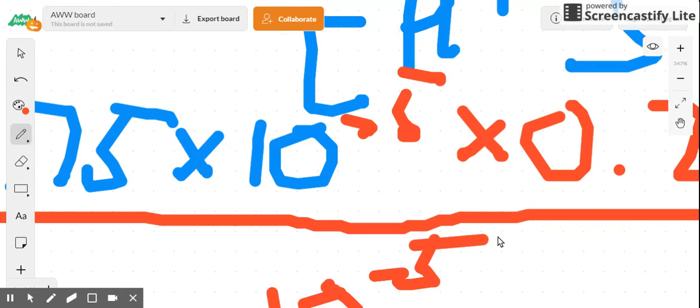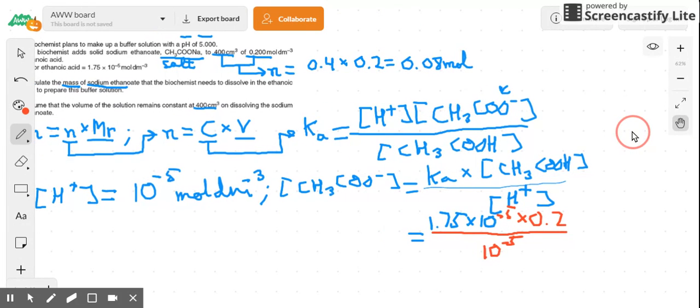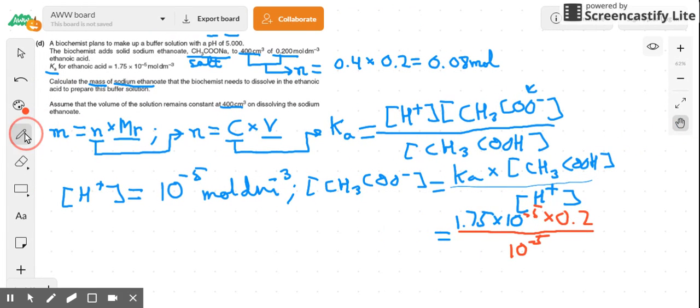So again, 10 to the minus 5 and 10 to the minus 5 cancel out. So we have to do 1.75 times 0.2. That equals 0.35 moles per dm cube.